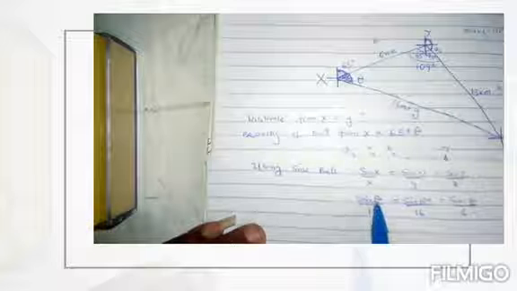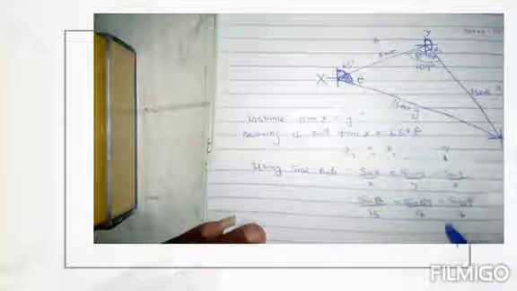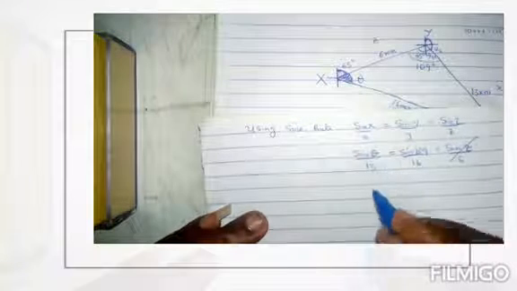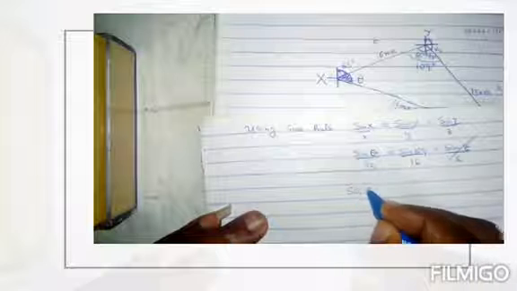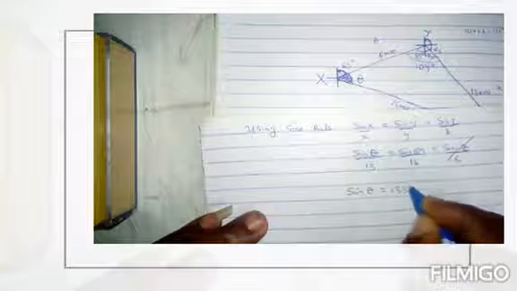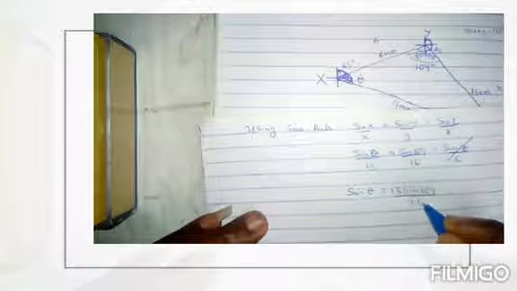So this is what you are looking for. We don't need this, there is another unknown here, so you discard this. So it's just these two. So you cross multiply. Leave your sine theta. Use 13 to multiply sine 109 all over 16.